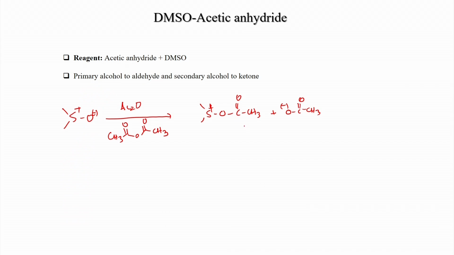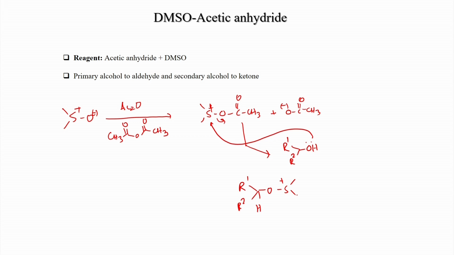And now alcohol like R1 OH reacts and you get R1. So, this sulfonium salt is generated, and one molecule of acetate anion and another molecule of acetic acid are generated.